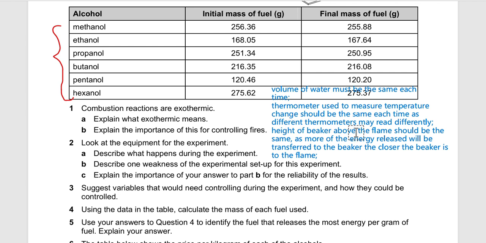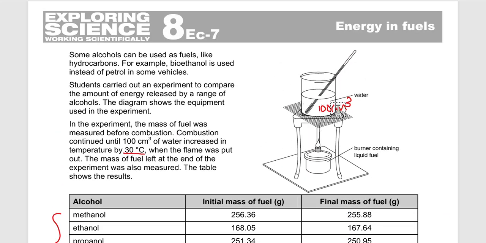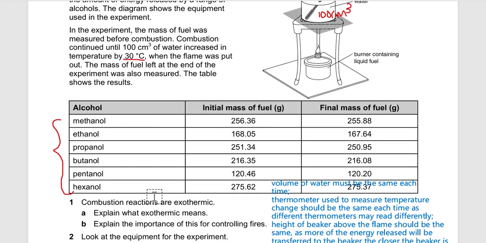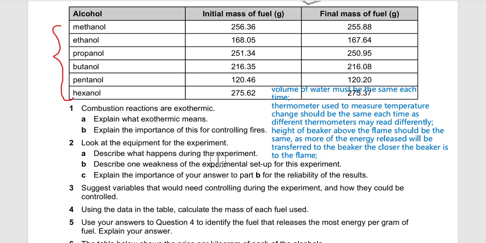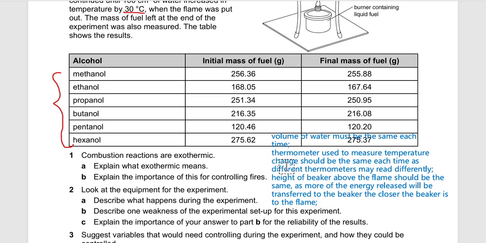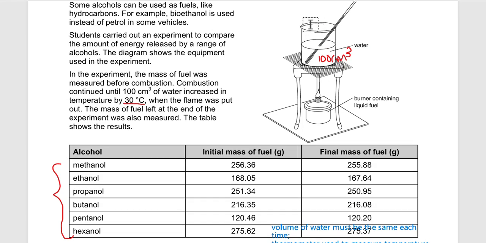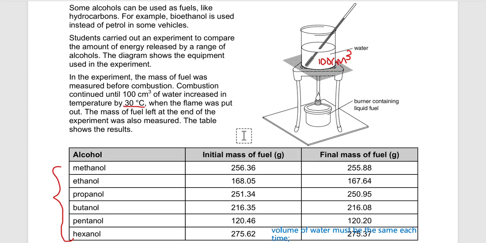You can choose, or you might have similar answers. So one thing you can control is the volume of water used. Each time you have to make sure you use 100 cubic centimeters of water for each type of alcohol used.